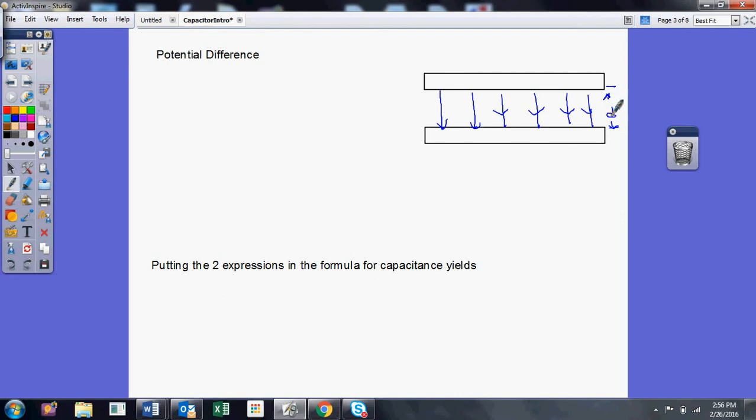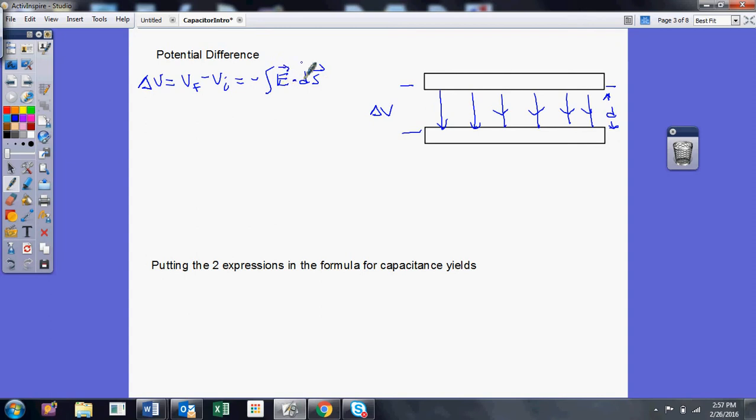So we have our separation distance D, and there is a potential difference between the plates, delta V. And we know the relationship between the potential difference and the electric field is that the difference in potential is equal to minus the integral of E dot ds.